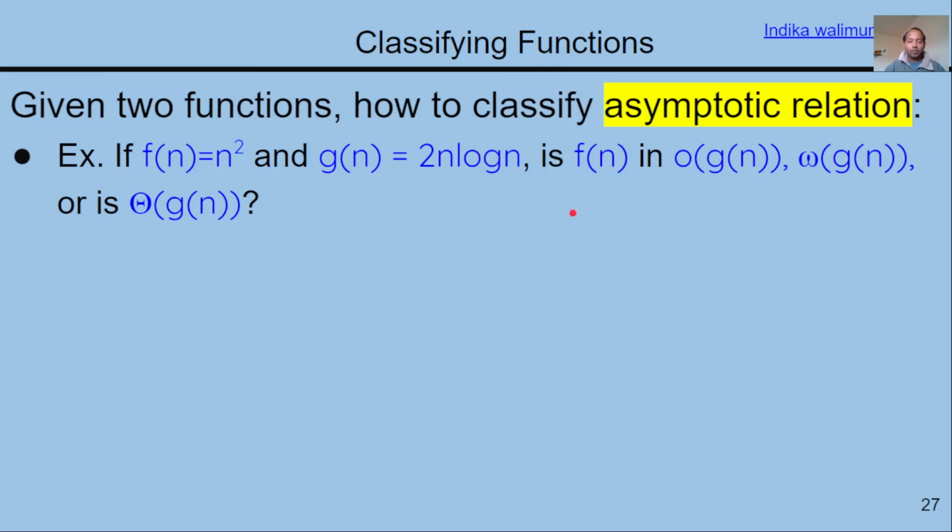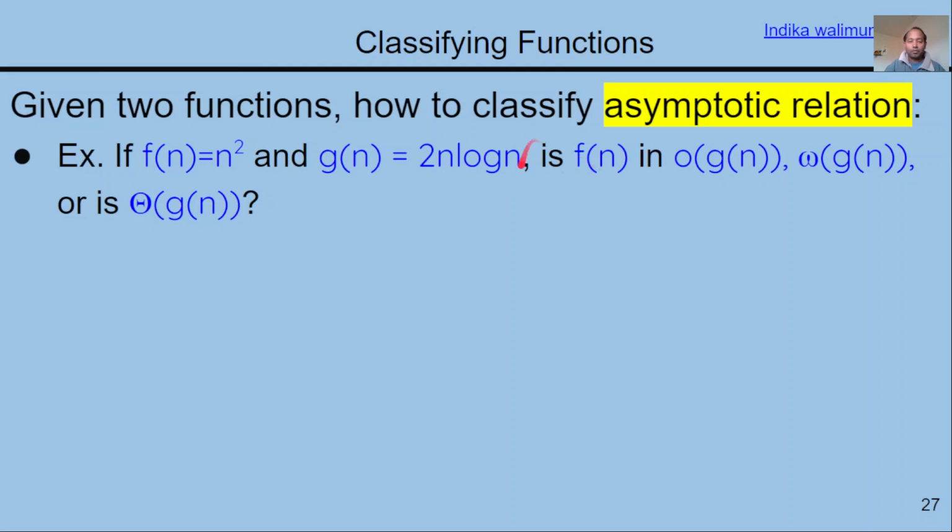Basically then we need to ask the question, is Fn in small o, small omega, or big theta? Notice I picked small o and small omega notation, because that covers the overall picture. And then big theta.